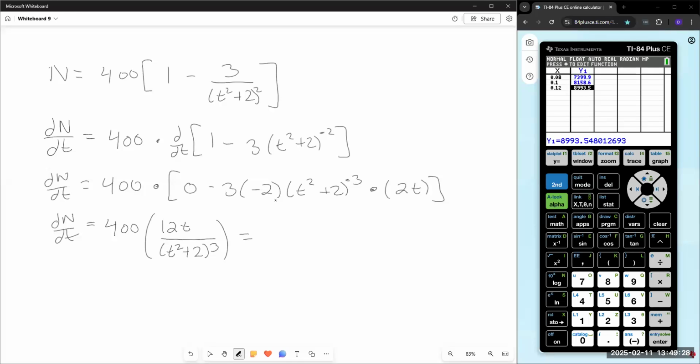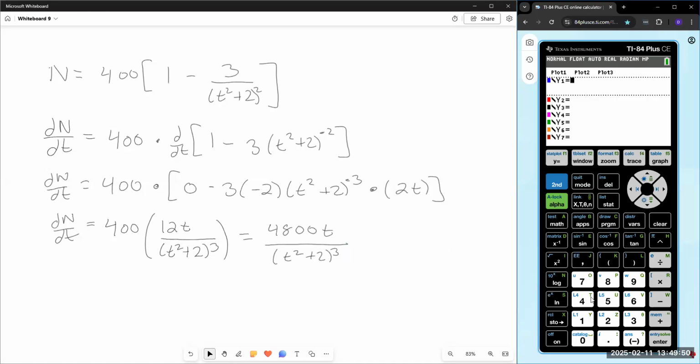So that's going to be 12 times 4 is 48. That's 4800t over (t squared plus 2) to the third power. Now I'm going to want to type that in so that I can evaluate it at all these different t values.